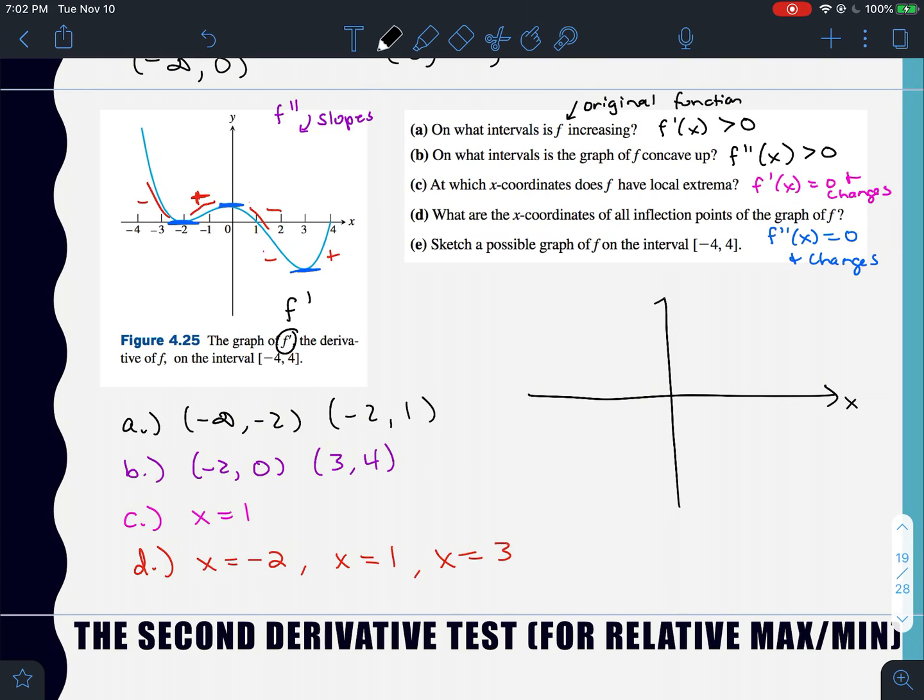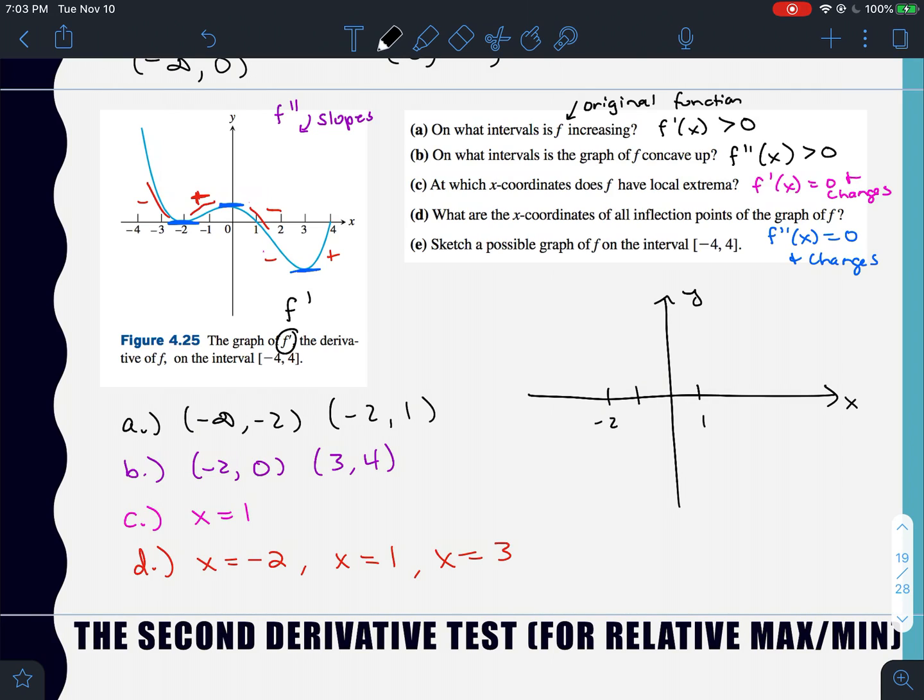Sketch a possible graph of f between -4 and 4. Okay, if we want to sketch a possible graph using that information, we know that our function is increasing between -infinity and -2. So here's -2.